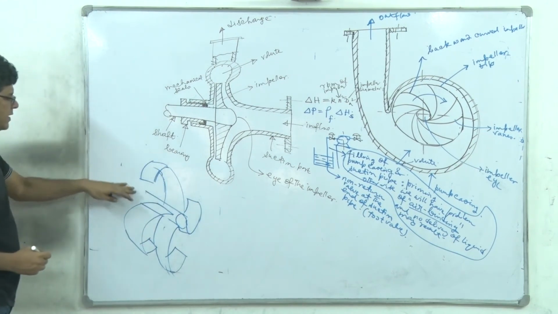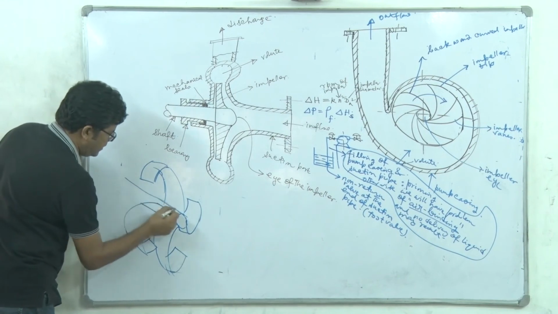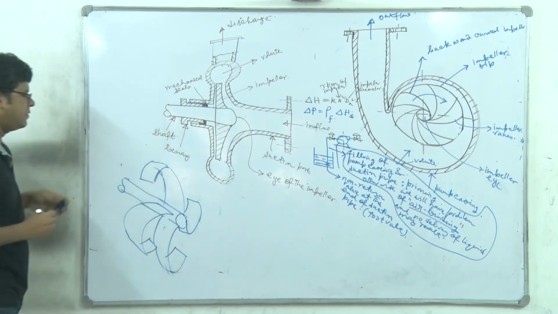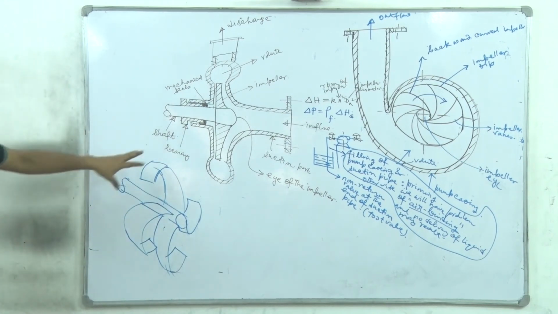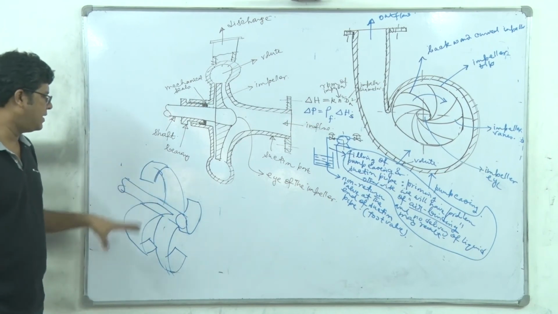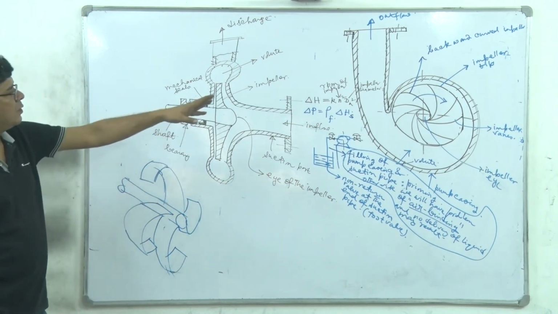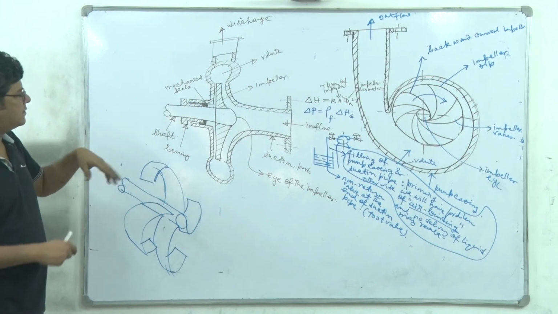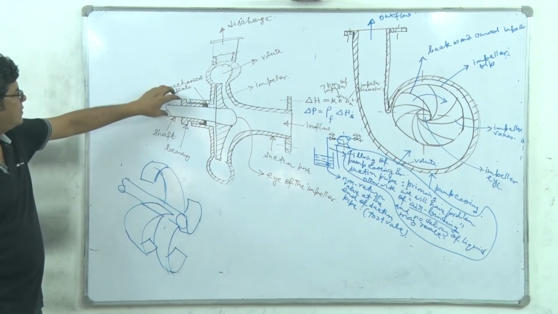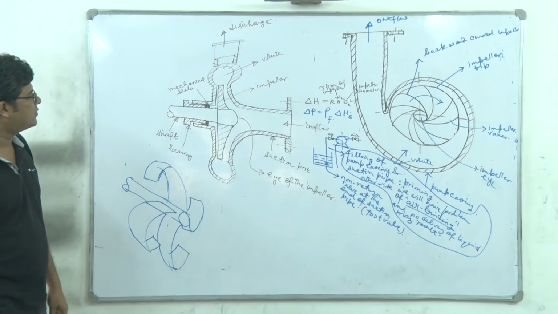These are the typical vanes. And here we have the shaft. Right? And very nice representation. So when these vanes rotate, this impeller entirely rotates as it is connected to the shaft.